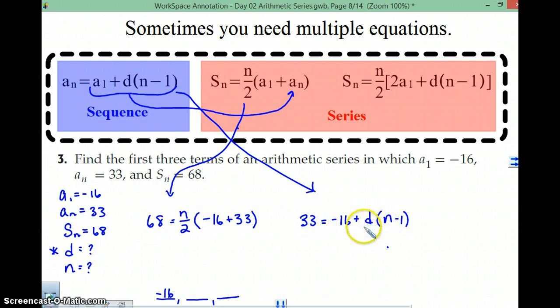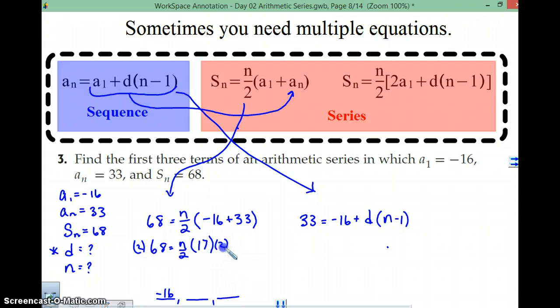Oh, well, I can't really use this equation until I get rid of the n. So look, if I solve for n, let's do that. 68 equals n over 2 times what's negative 16 plus 33. That should be 17, I believe. Okay. Now let's multiply both sides by 2.